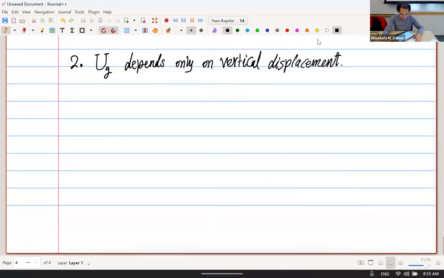This is very helpful because if you start moving from here and arrive here, let's say this is the ground. This is point A and this is point B. This height is h.